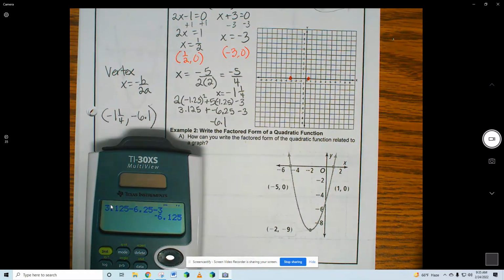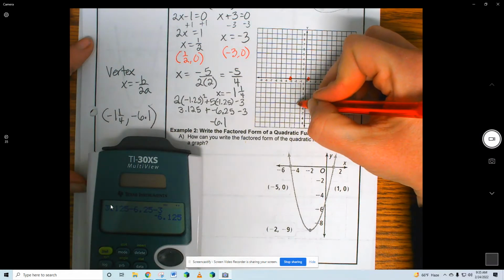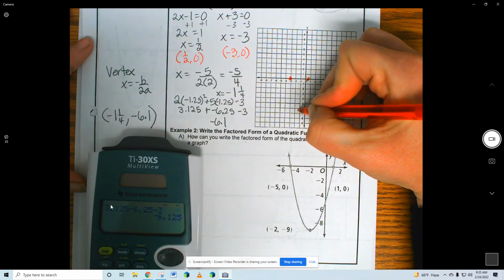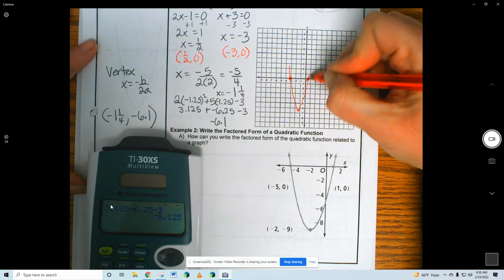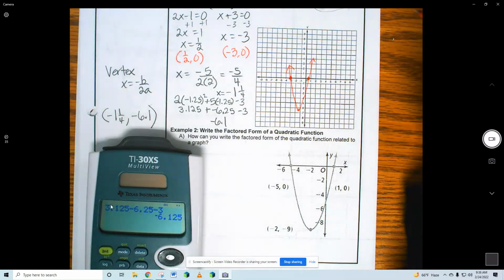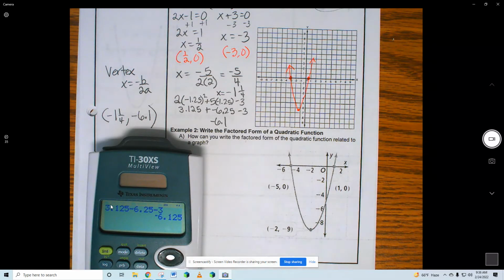You're approximating because it's hard, right? Negative 1 1/4, down 6.1. Like kind of in the middle of a box there. Okay?